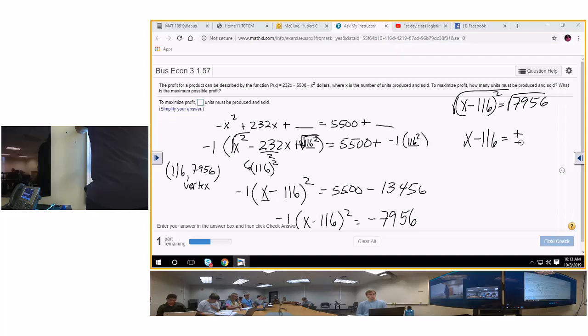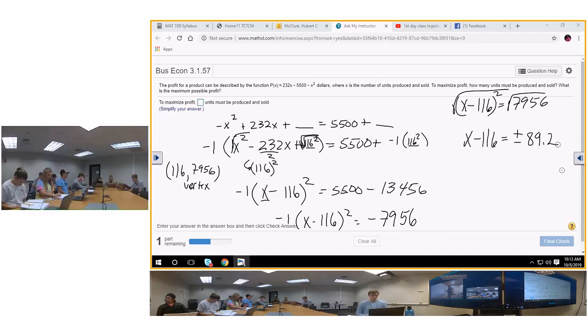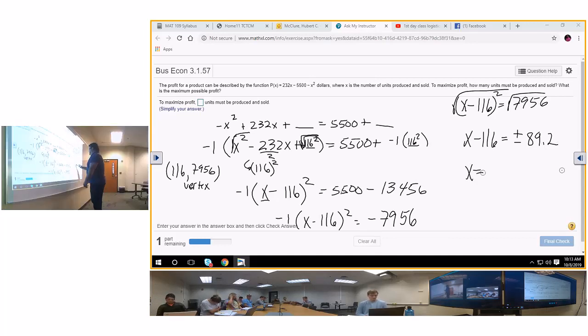Equals positive or negative 89.196, 89.2. And that's going to be x is equal to positive or negative 89.2 plus 116. It's going to be two positives, so we don't have to worry about the signs. So what's the first positive? 205.2. What's the other one?